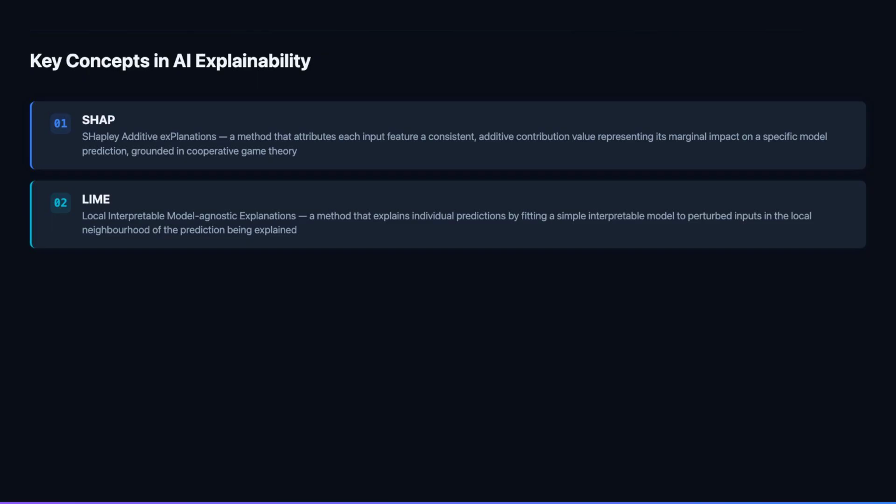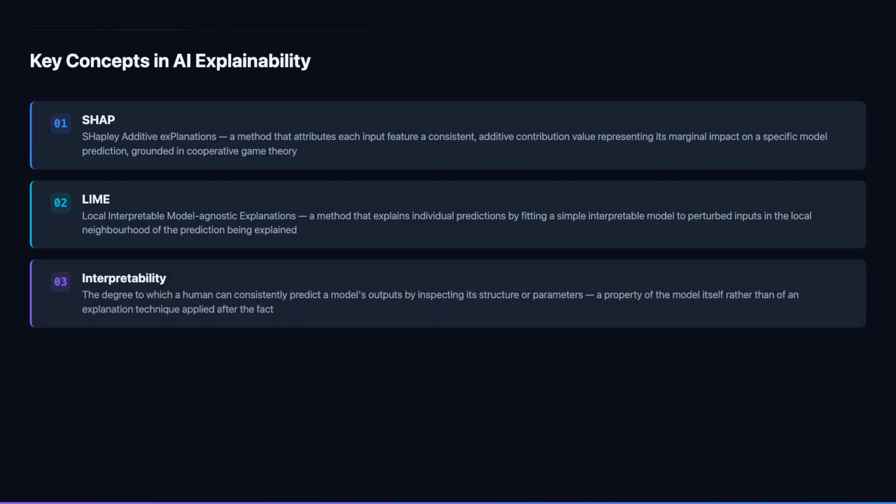LIME is particularly useful in contexts where computational budget does not allow for the exhaustive feature subset sampling required by SHAP. Interpretability is a property of model architecture rather than of explanation method. It describes the degree to which the model's own structure, parameters, and decision logic are comprehensible to a human analyst without the need for additional explanation tools.